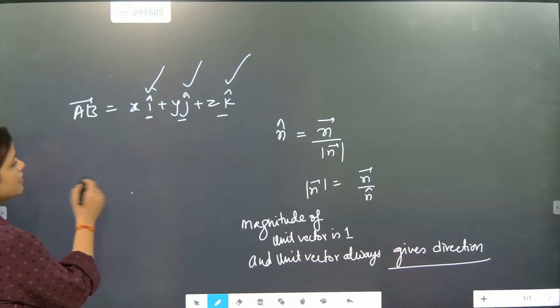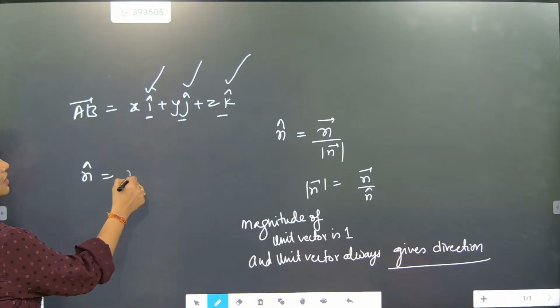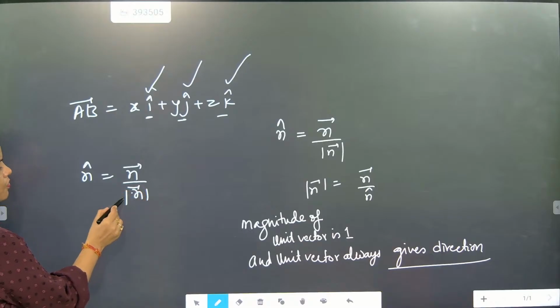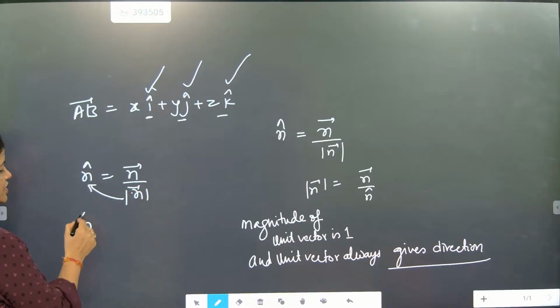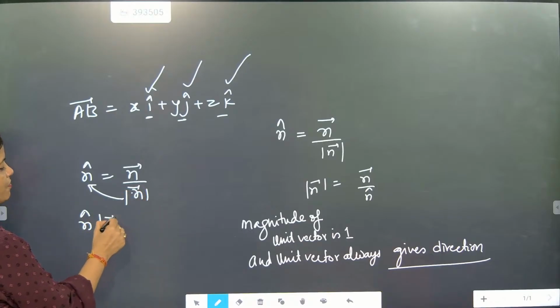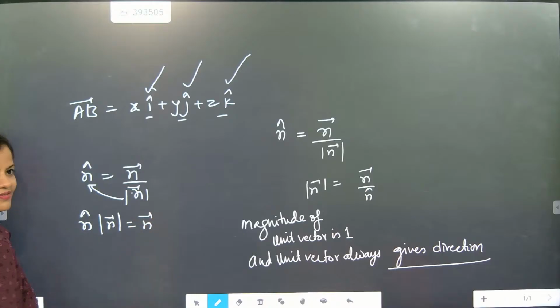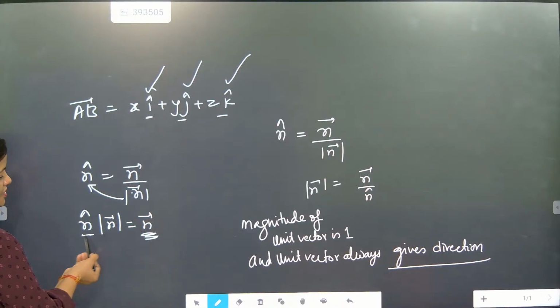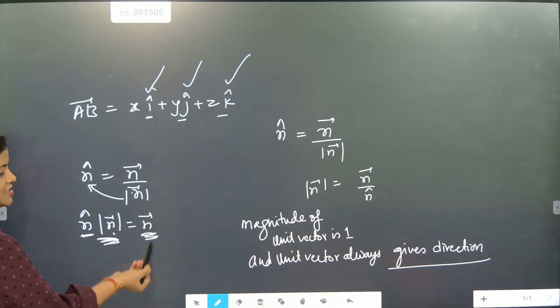Now you see here, we wrote this is equal to this. Check this one out. The moment you multiply, direction into magnitude is equal to vector. This is a vector, this is direction, and this is magnitude. So magnitude into direction is vector.